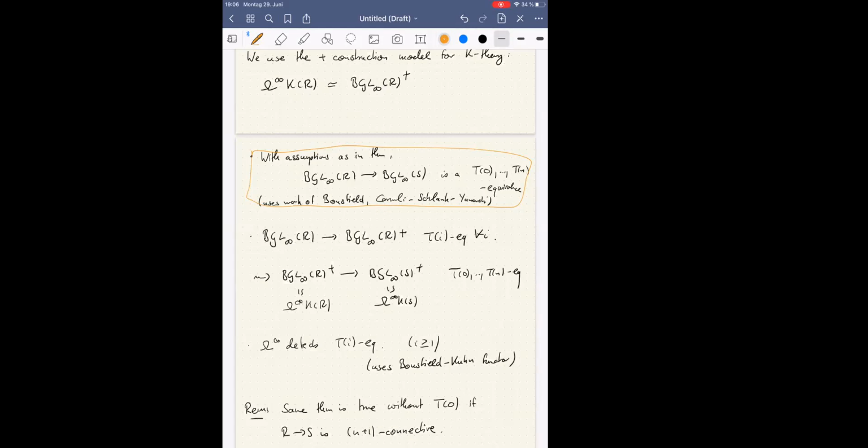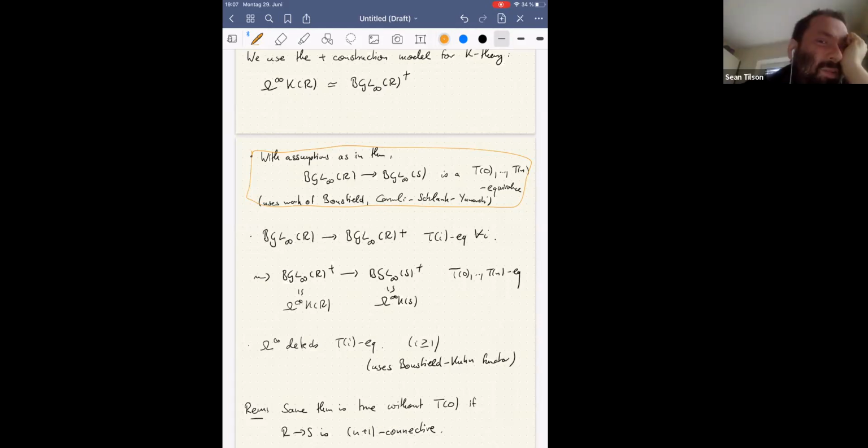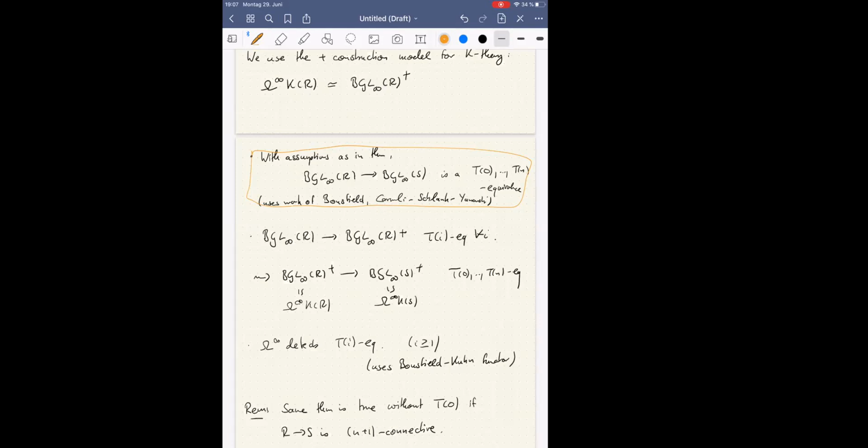So for the flat affine line, I'm not quite sure what the most general theorem is we prove, but at least if we have a connective ring spectrum and use a flat affine line, it is also homotopy invariant. And then for the free one, it's not known.